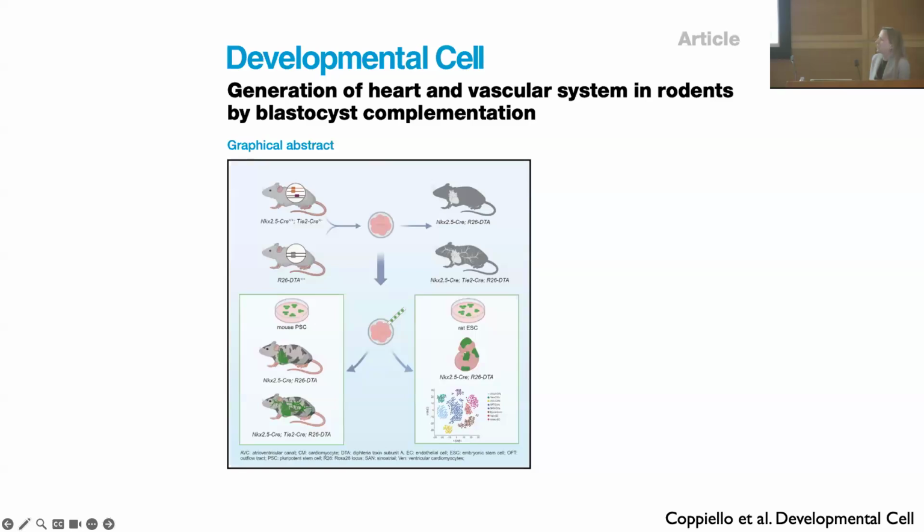Such that people have started working a bit more with progenitors to avoid generating mice with human brains, basically. But this has been done for cardiac and the vascular system in mice using stem cells, so it is theoretically doable.